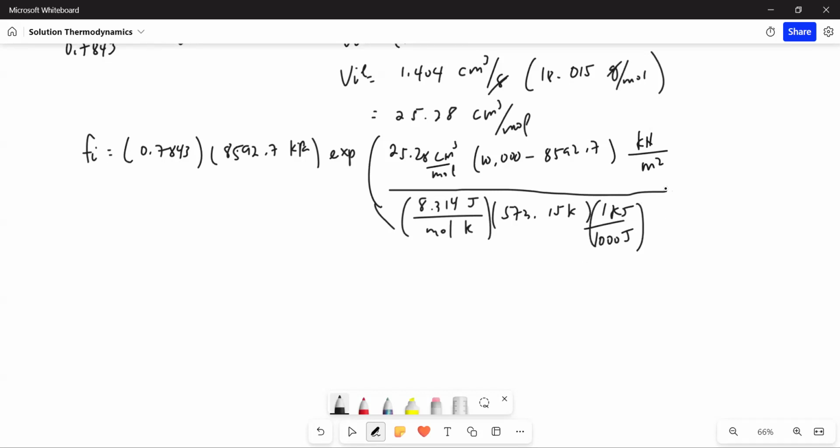Then convert the kilojoules into its basic form: 1 kilonewton meter is 1 kilojoule. Convert the cm cube to meter: 1 meter is 100 cm, and then you have to cube that. Now we cancel.